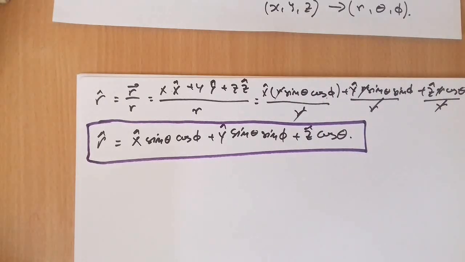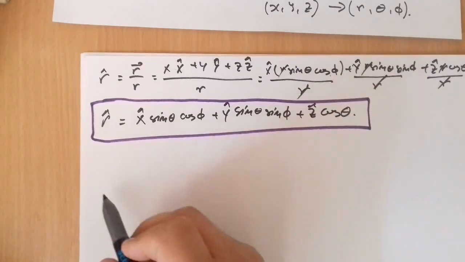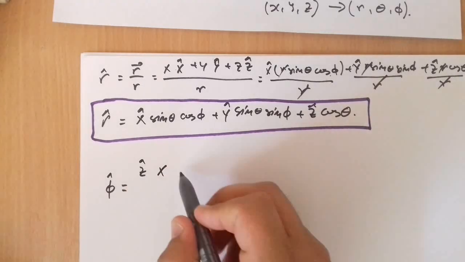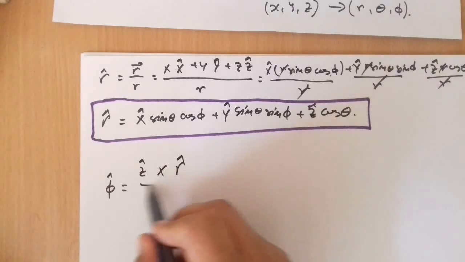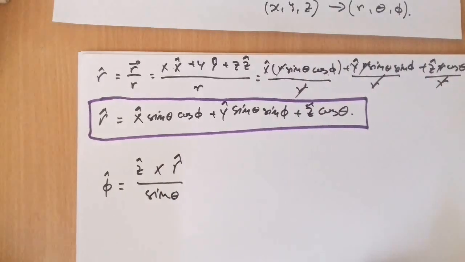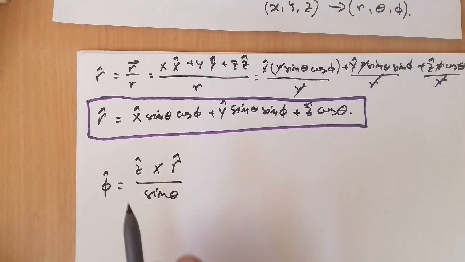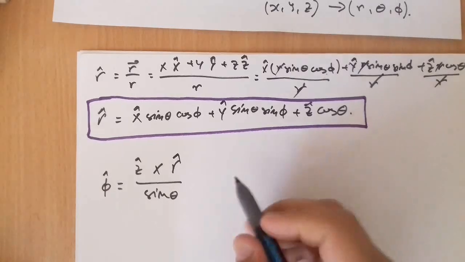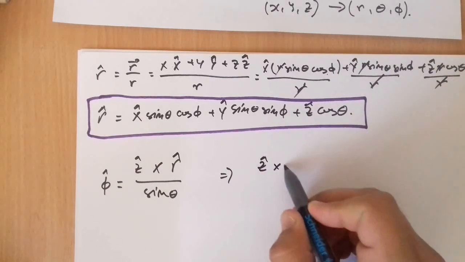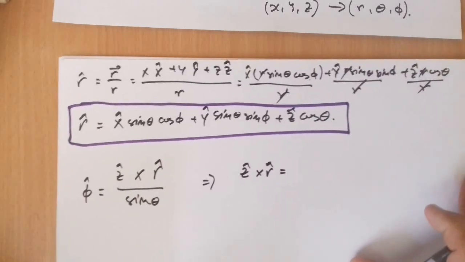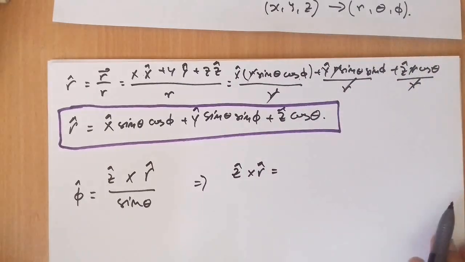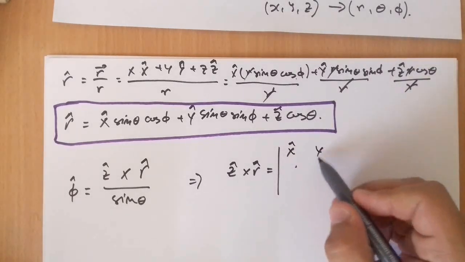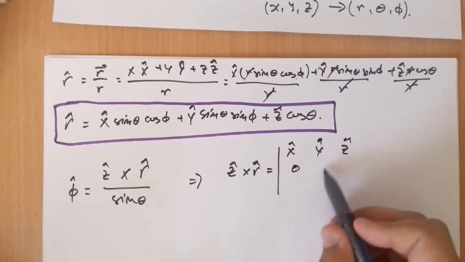The unit vector in the phi direction is equal to z hat cross r hat over sine of theta. So what is z hat cross r hat? This is the vector product, and I'm going to write it in matrix form: x hat, y hat, z hat; 0, 0, 1.